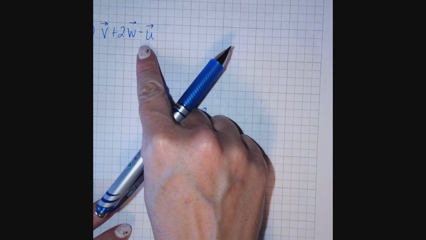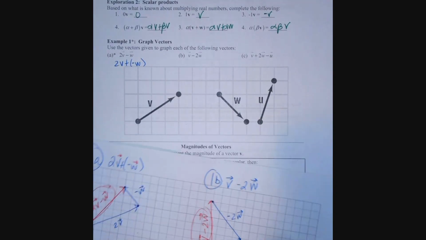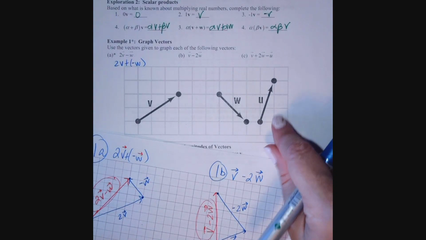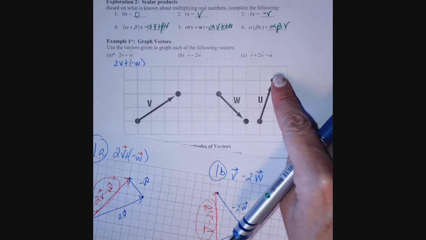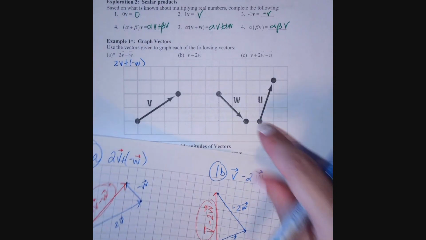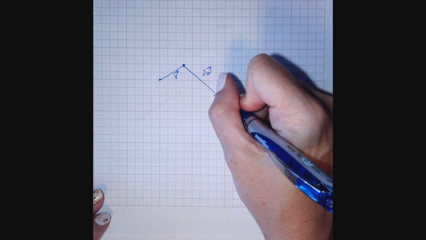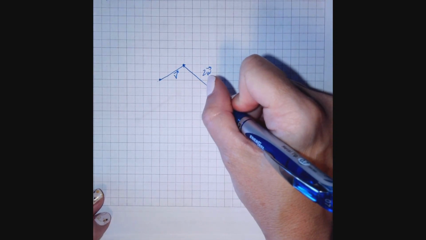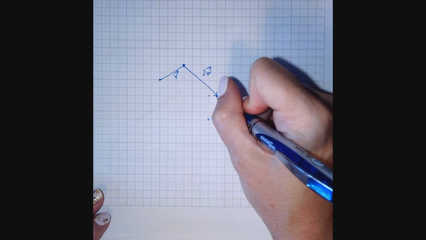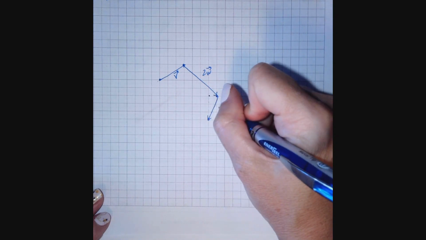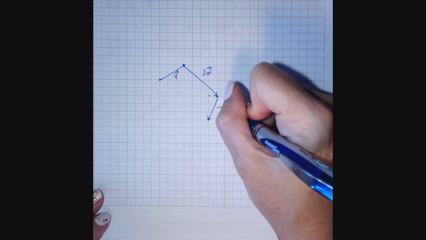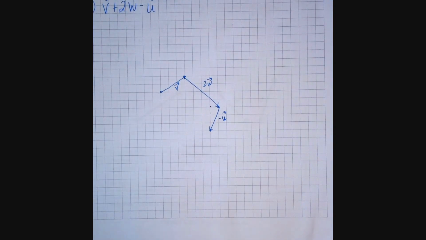Now, finally, I need to do the opposite of u. Well, u goes right 1, up 3. So the opposite of that will be left 1, down 3. So from this stopping place, I go left 1 and down 1, 2, 3, and that is where the opposite of u lands.